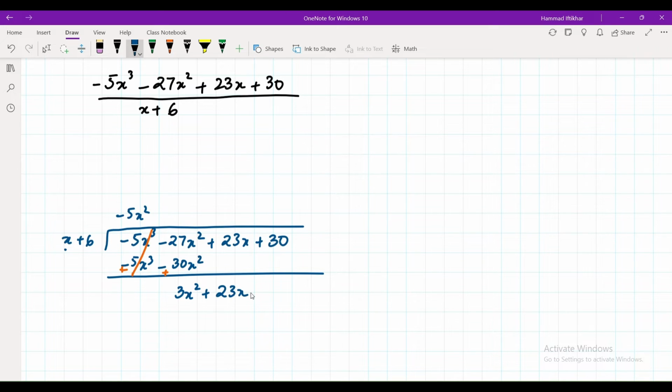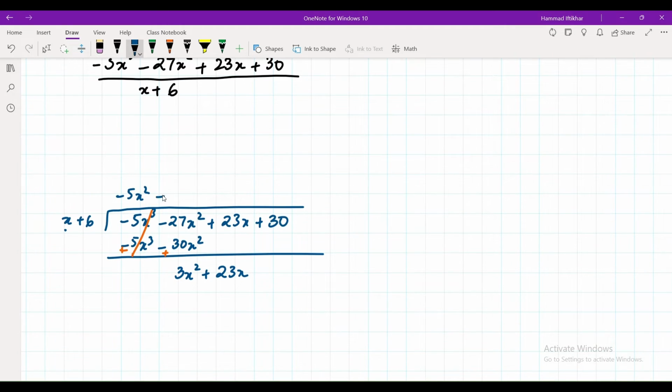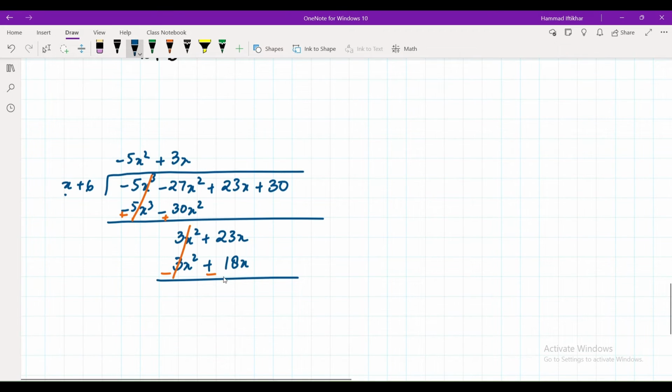plus 23x. So we just need to multiply with 3x. So 3x times x, 3x squared. 3 times 6, 18x. So minus cancels out. And 23 minus 18 would lead us to 5x plus 30. We just need to multiply by 5. 5 times x, 5x, and 5 times 6, 30.